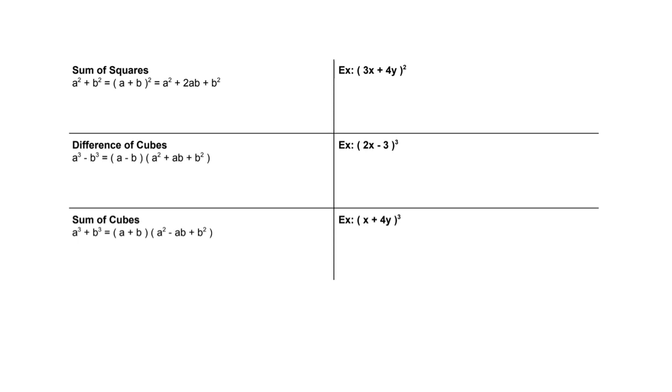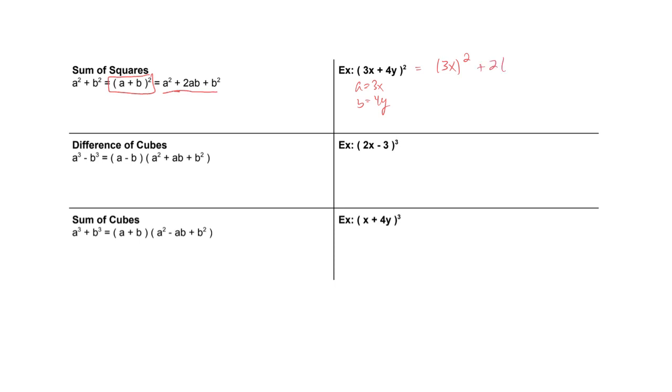Next is the sum of squares, so almost the exact same thing, except we have an addition sign instead of subtraction in front of the 2ab. Right, so our a is 3x, b is 4y, so a squared, so 3x squared. I'm just rewriting it in here and substituting in.